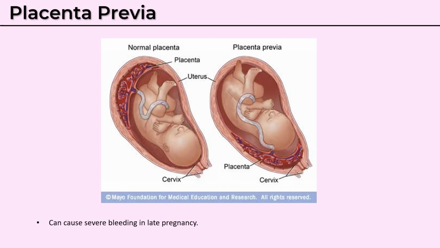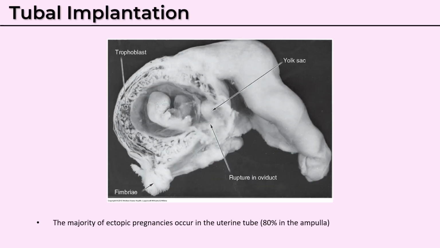Also, during labour, obviously the cervix, the internal and external os, are going to move apart during contractions, and this has the potential to rupture those vessels, this capillary system within the placenta, and again increases the risk of maternal and fetal mortality. And here we have an image of a tubal implantation.